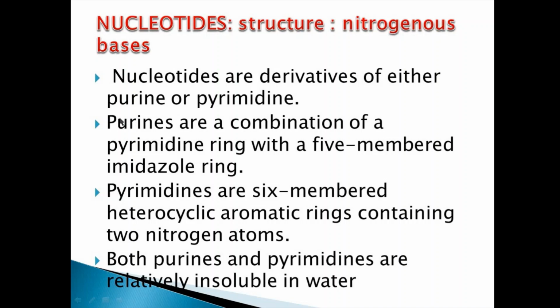A purine is a 9-membered double-ringed nitrogenous base. So a purine just has two rings, whilst a pyrimidine has got one ring. There are two examples of purines. You've got adenine and guanine.